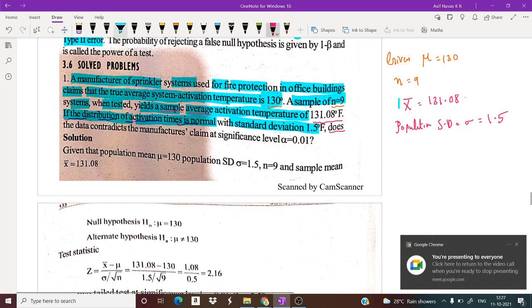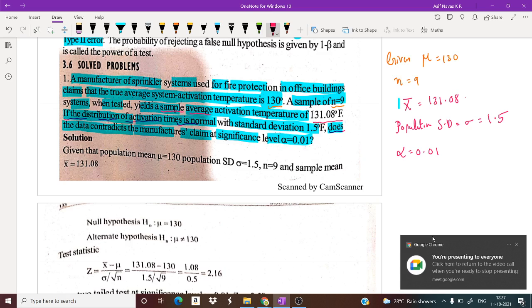Here it is important to check whether it is a one-tailed or two-tailed test. Does the data contradict the manufacturer's claim at significance level 0.01? So our significance level alpha is 0.01.